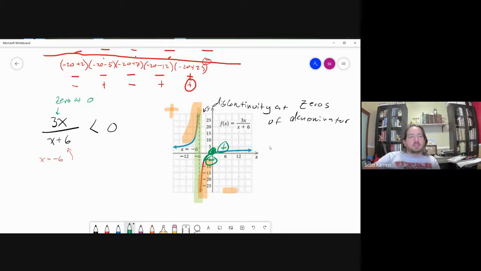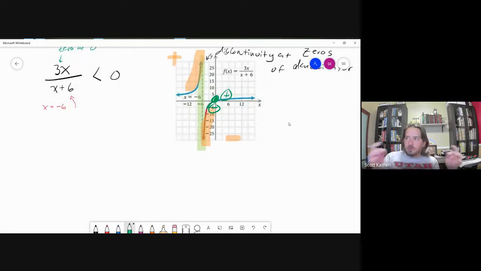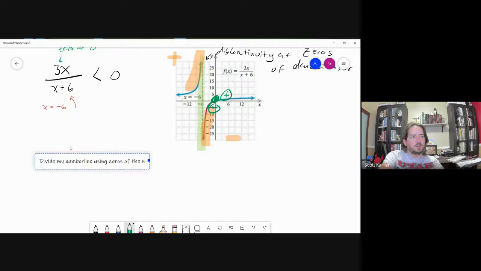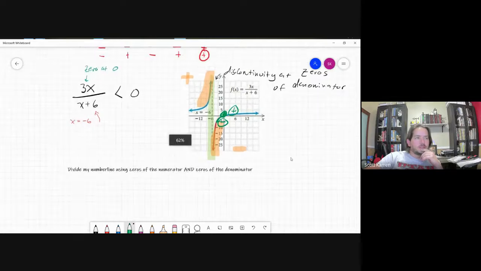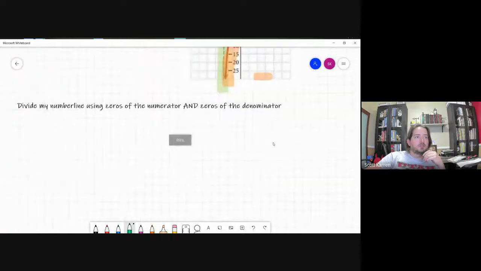So this just tells us that I have to create that same number line, but I'm going to divide my number line using zeros of the numerator and zeros of the denominator. And then just check those regions, right? So this one's easy. It's right there. It's graphed for us. I don't have to go through and do this. We'll do another one without looking at the graph.